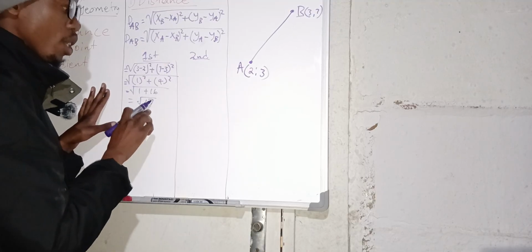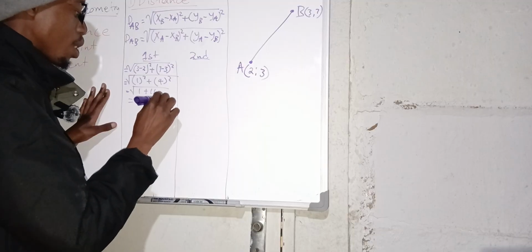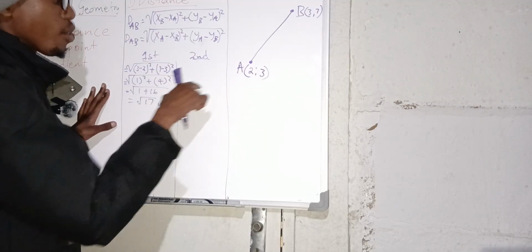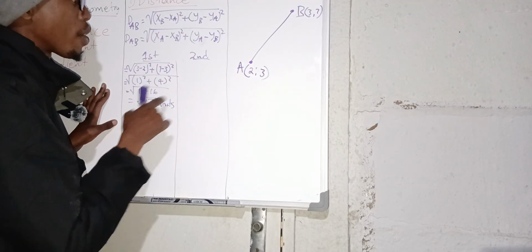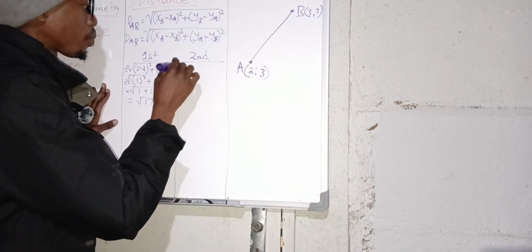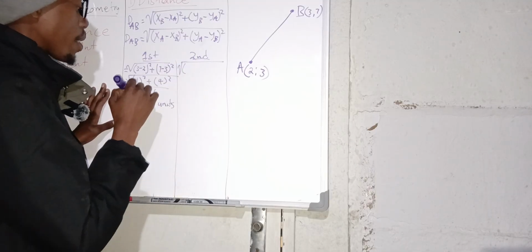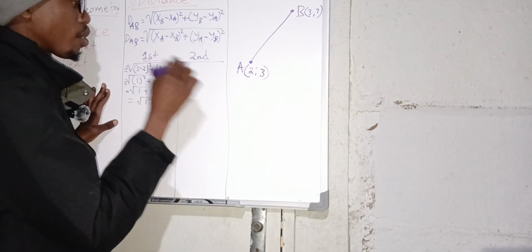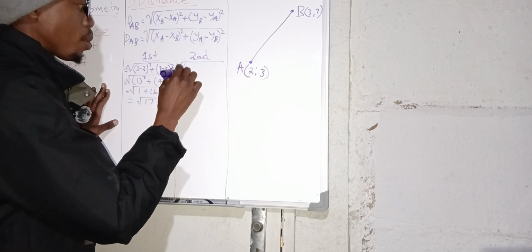Now let's write the units. Let's check this side if we're going to get the same answer. So we said we start with xa, which is 2.